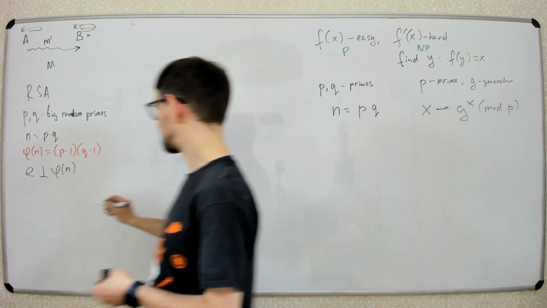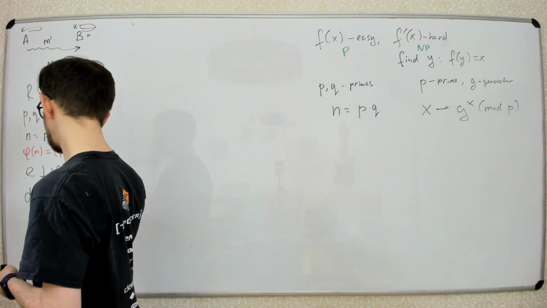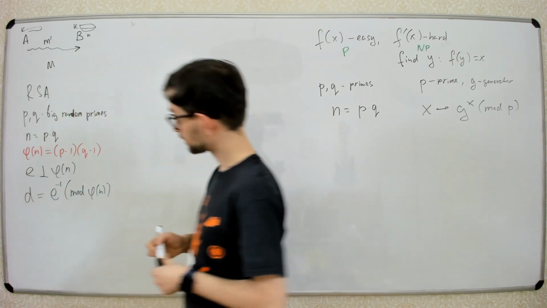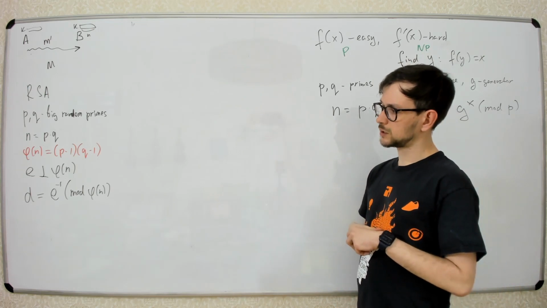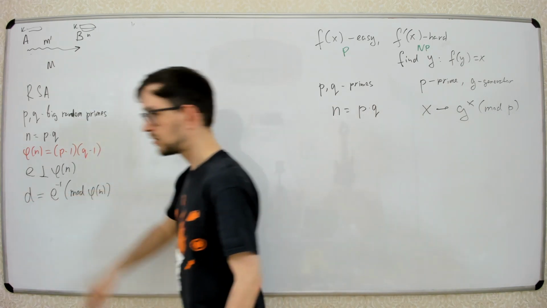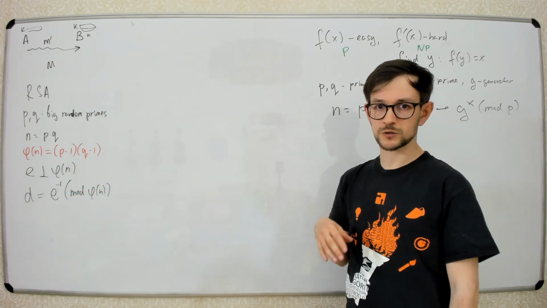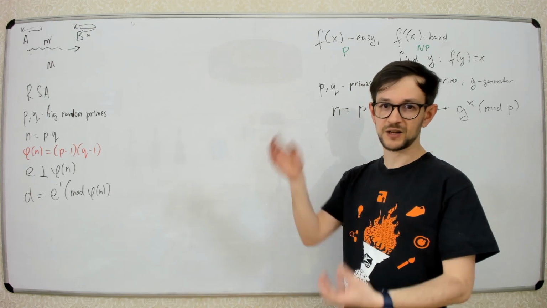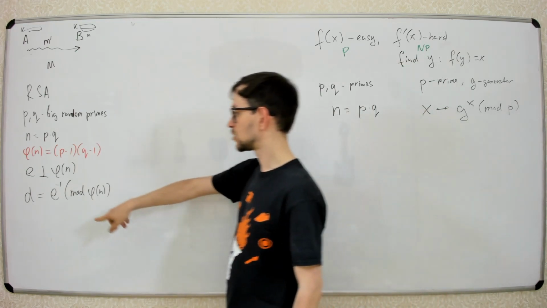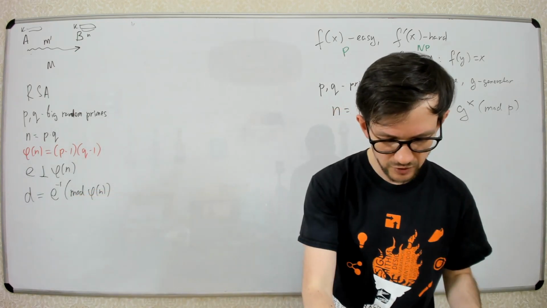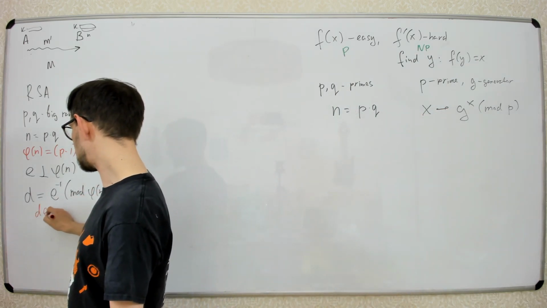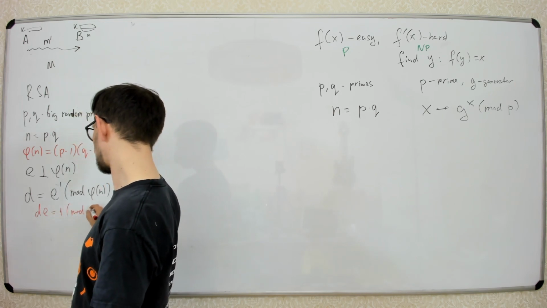And now you calculate number d as e inverted modulo phi of n. How do you calculate this number? You use Euclid's algorithm from the previous lecture, where we discussed how to divide in the field of modulus. Just to remind you, to calculate this number, you solve the Diophantine equation: d e equals 1 modulo phi of n.